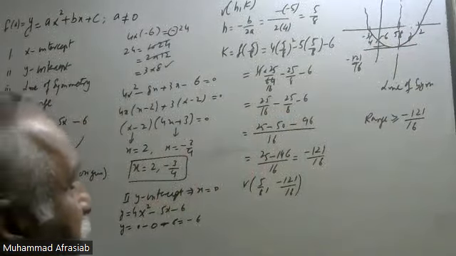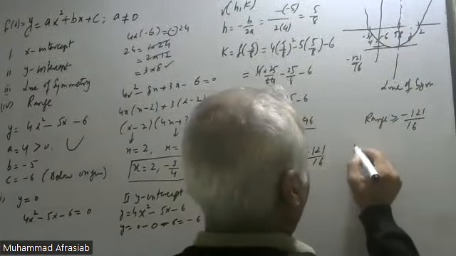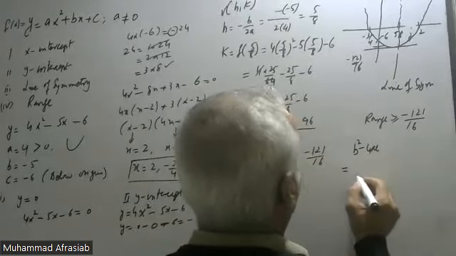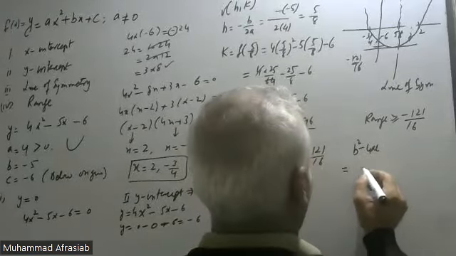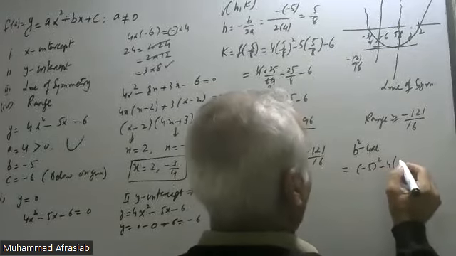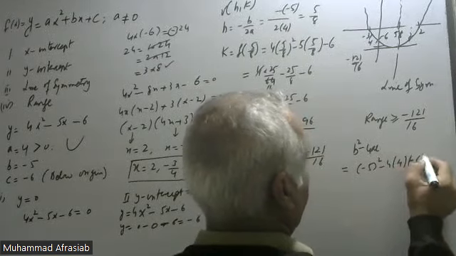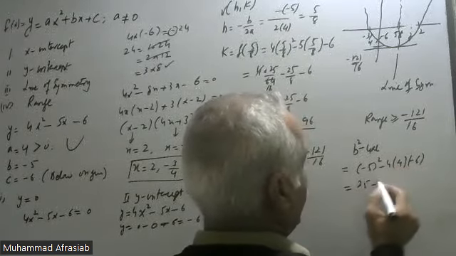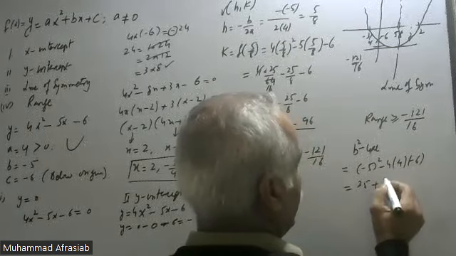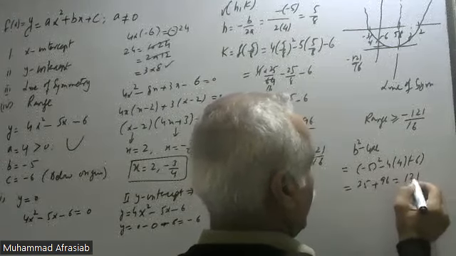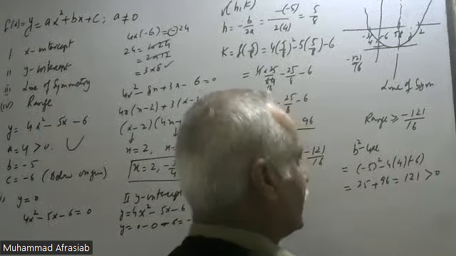You know that you will calculate b squared minus 4ac, which is equal to minus 5 whole squared minus 4 into 4 into minus 6. So that is equal to 25 plus 96, which is 121, which is greater than 0.